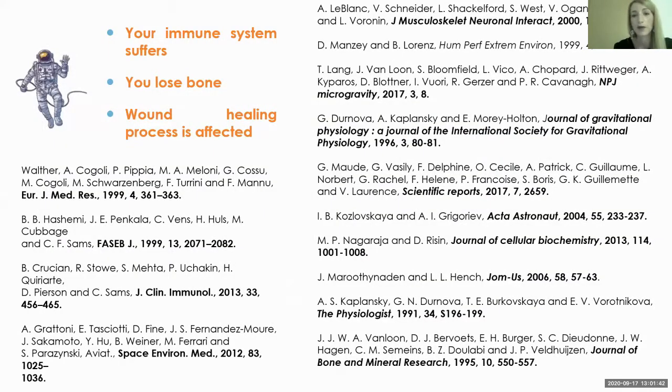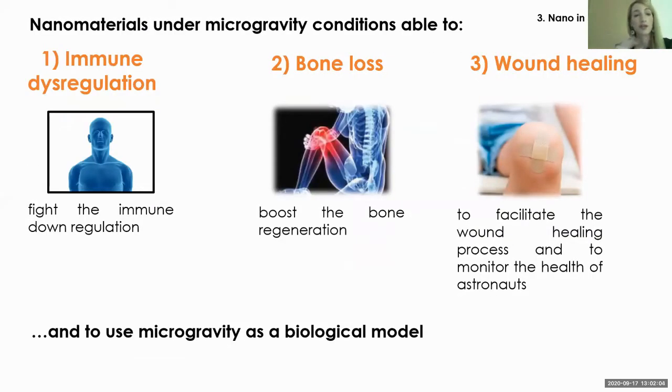If we think about the possibility to travel into space, probably we will have bone loss, and also our immune system may suffer from the lack of gravity. Another problem which is very common for astronauts is wound healing. Those are three problems, all of them related, of course, to immune cells.